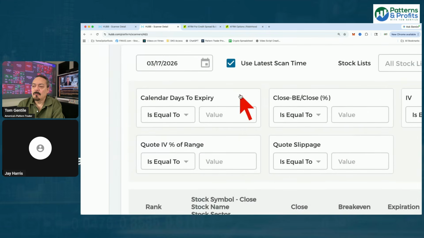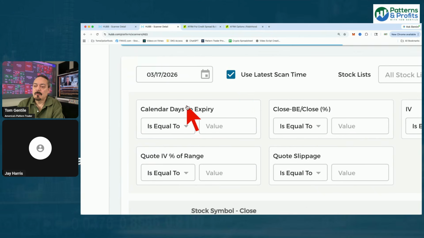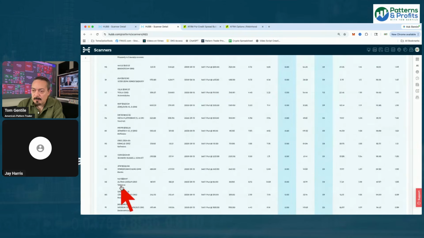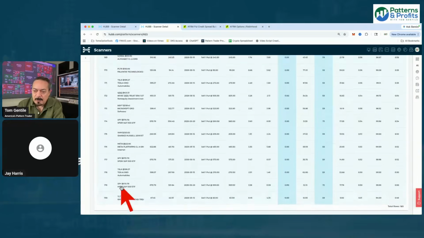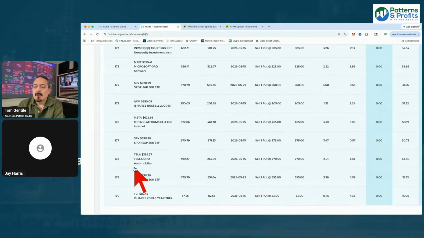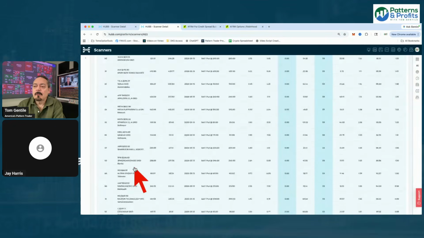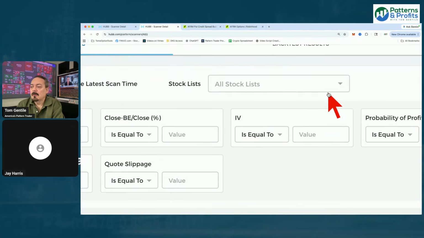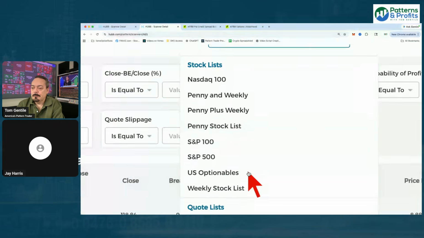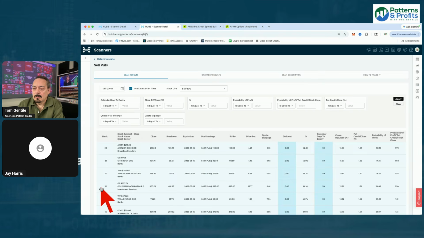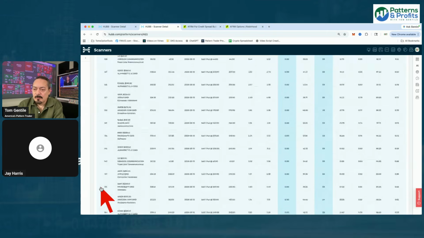There are a lot of different ways you can bring those scans down from the 100-some-odd trades that you have. If I keep pushing this south, there are 180 trades popping up. To get that number down, there are a number of things we can do. We can go to stock lists. If I go to the S&P 100 list, it gives me a lot less than 180.